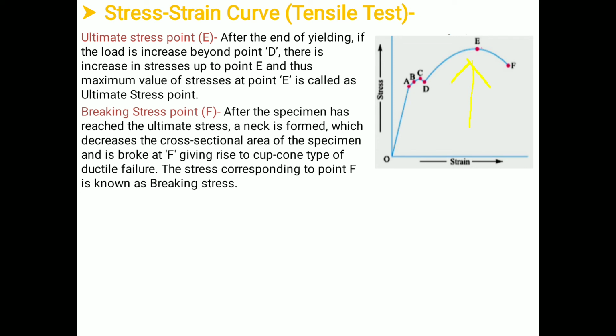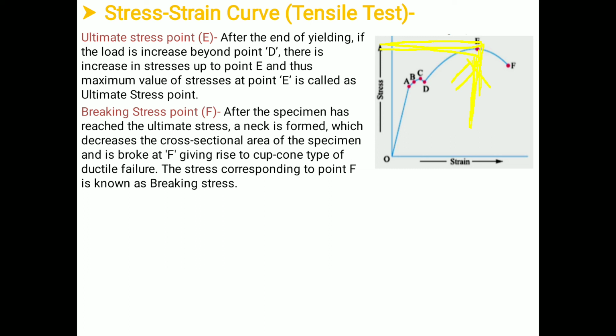The value of ultimate stress is found by dividing the largest value of the load, that is the load at point E, by the cross-sectional area of the specimen. It gives the value of ultimate strength of that particular material. The value of the stress corresponding to point E in a ductile material is about 370 to 400 Newton per mm square.